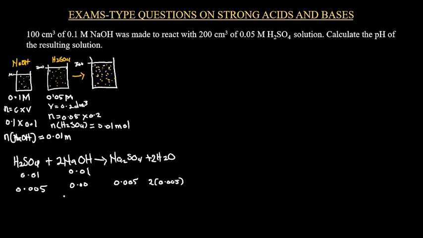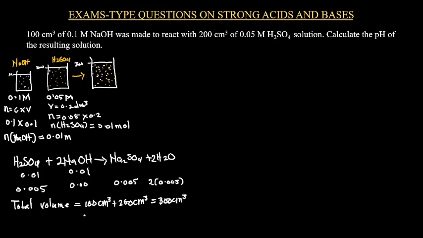We have a total volume which is going to be the 100 cm cube of sodium hydroxide and 200 cm cube of H2SO4. So we have 100 cm cube plus 200 cm cube, which is going to give us 300 cm cube.